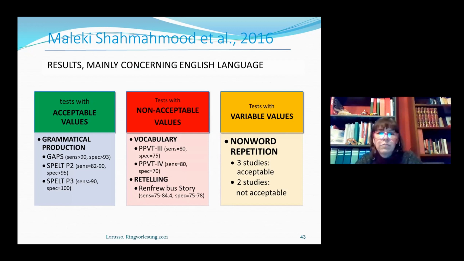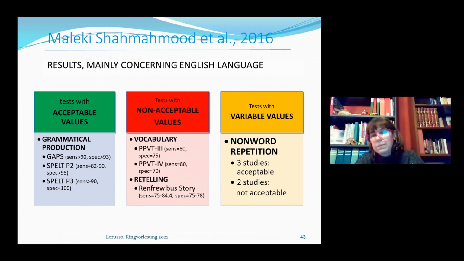And they give an overview of tests with acceptable values, non-acceptable values, and variable values. So there are tests of grammatical production, especially in English, and tests of phonological ability like nonword repetition that have, at least in some of the studies, acceptable sensitivity and specificity values.